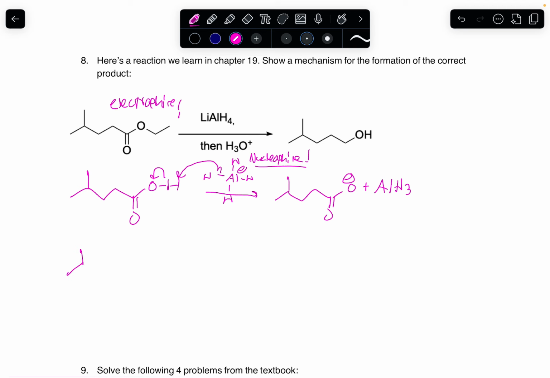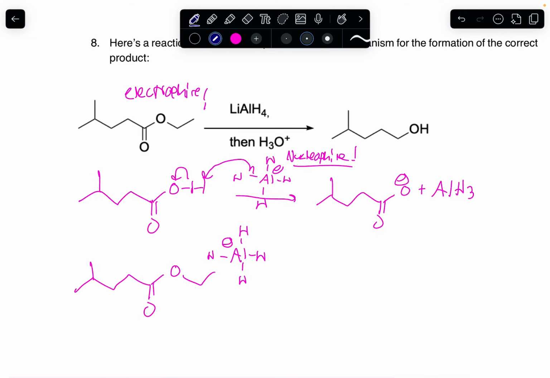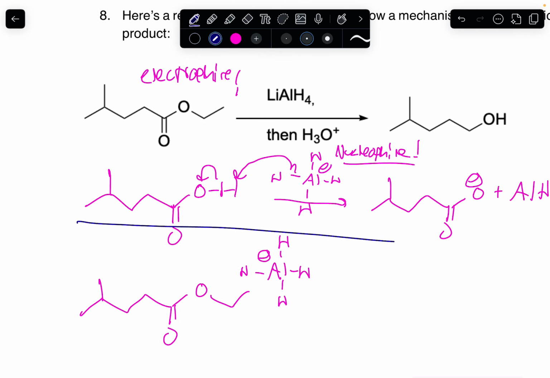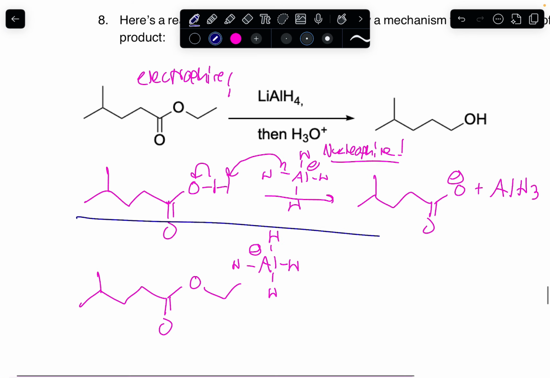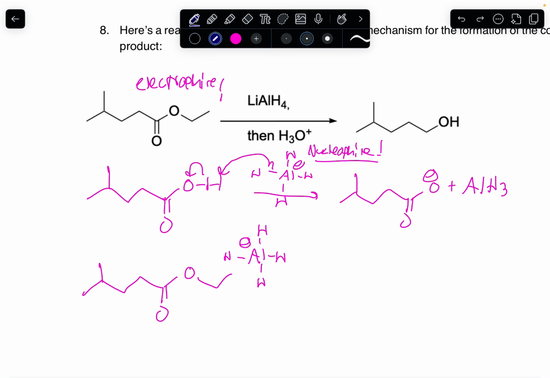So can we rationalize the formation of this product? We actually can. Here, this is the reaction we learned in class. AlH4, the H can act as a nucleophile and attack.